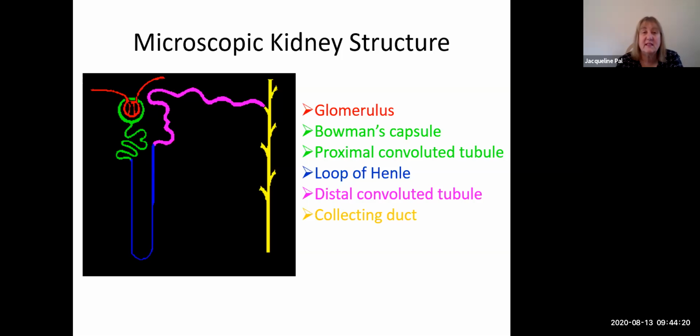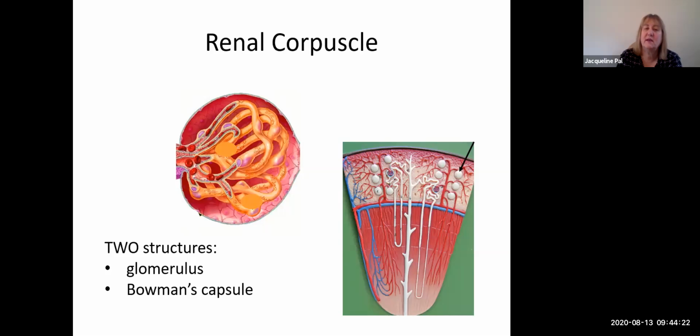Okay, let's get started, and we're going to learn about something called the renal corpuscle. The renal corpuscle is actually two structures put together: the glomerulus and the surrounding Bowman's capsule. How will you know if we're asking you renal corpuscle versus glomerulus or Bowman's capsule?